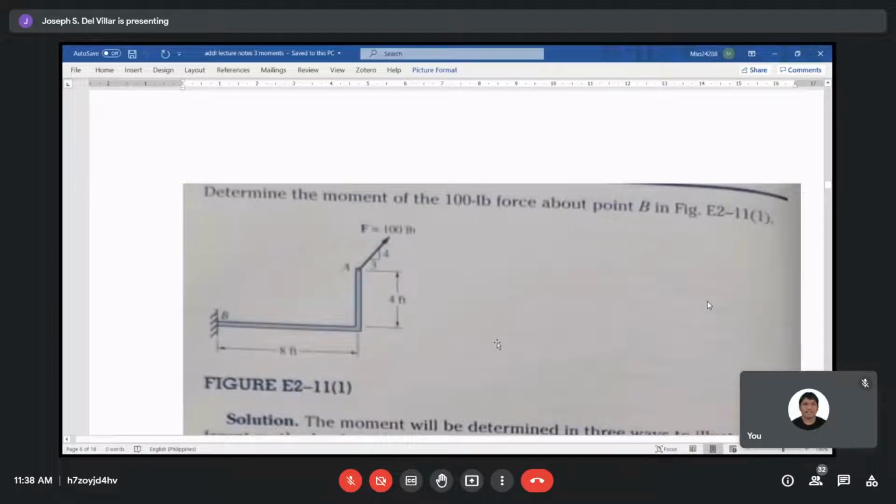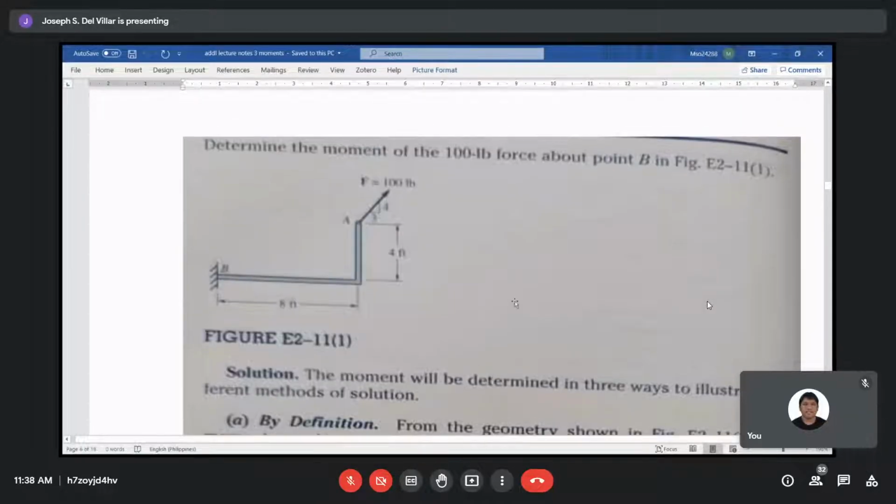Okay, let's take an example. Determine the moment of the 100-pound force about point B. Ito yung pivot, point B. There is no angle given, but the slope of the force is given. Will you give me the slope of the force? Cherry? 4/3 po, sir.